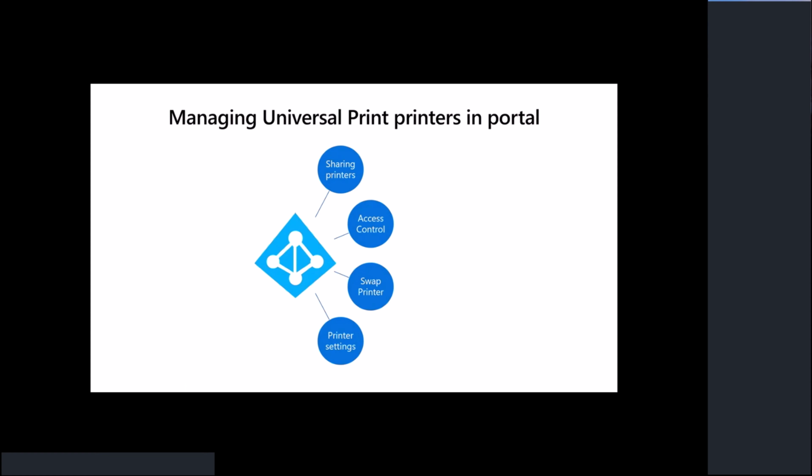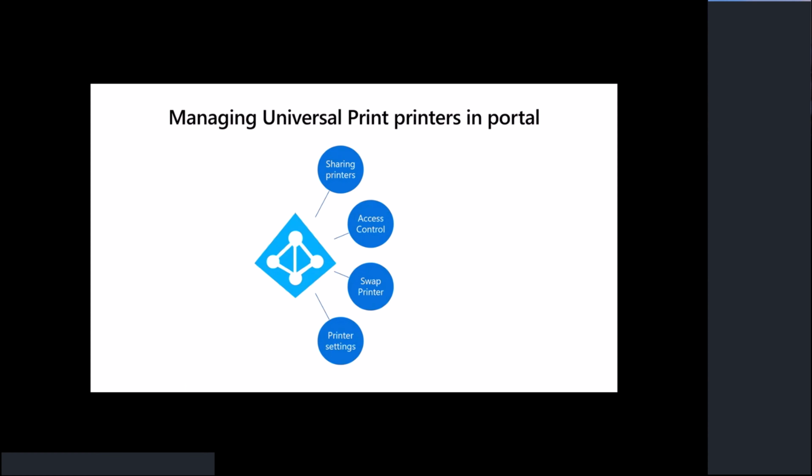We do support Azure security groups, but we don't support M365 organizational groups or any of those kinds of things. So if you have email groups or something like that, those cannot be used for the access control list. It needs to be an Azure security group. So then you share the printer, and now it's available for all the users.